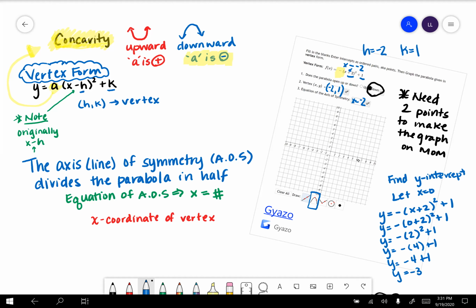So my y-intercept is (0, negative 3). So let's use the points (negative 2, 1) and (0, negative 3) to graph the function. These will allow us to graph this function.